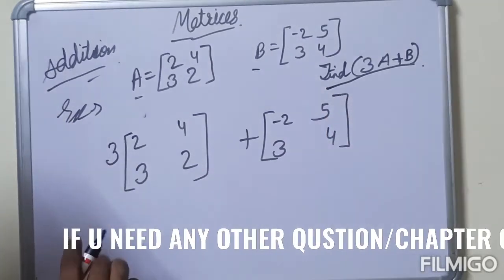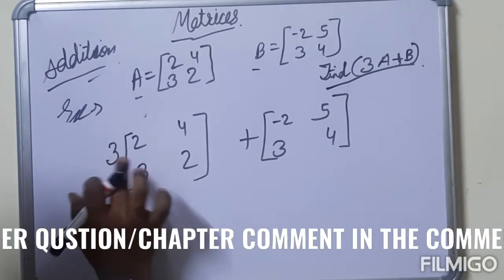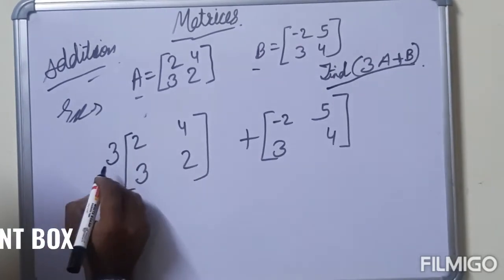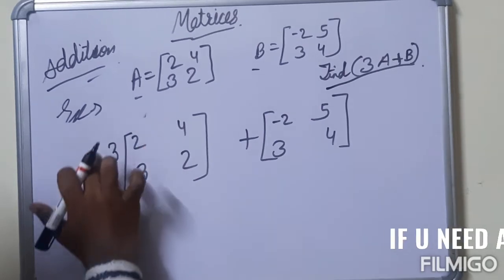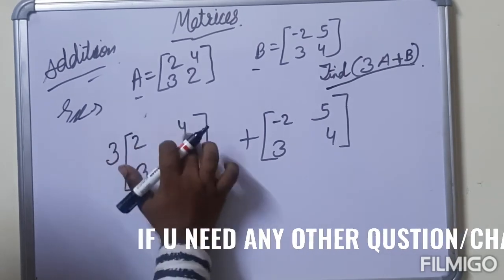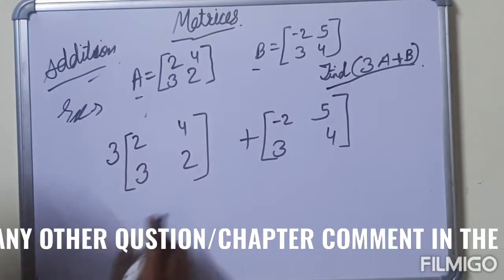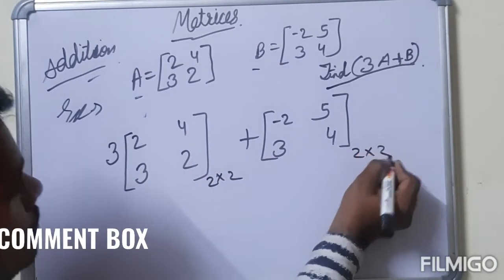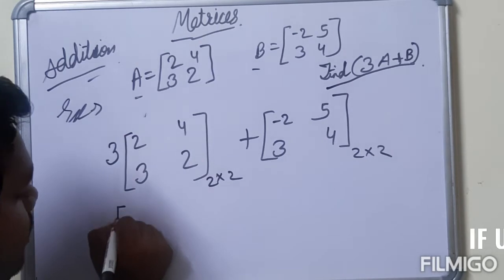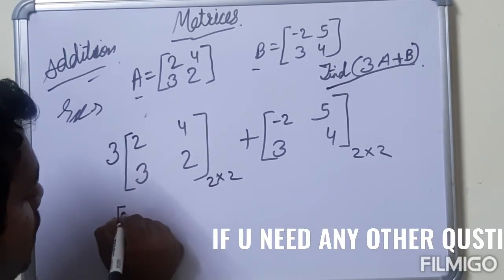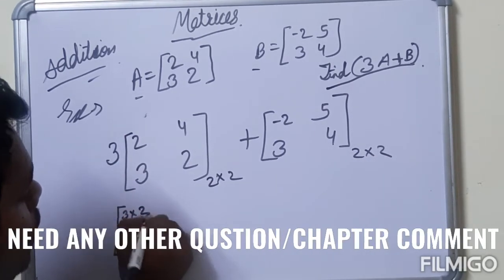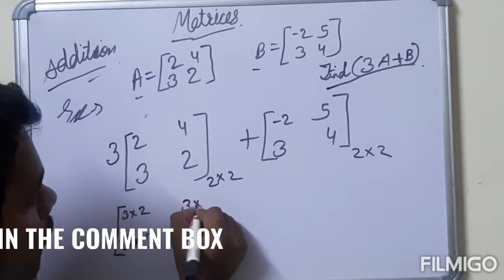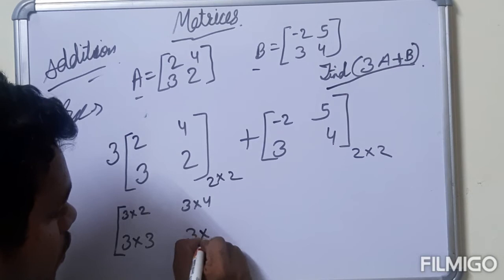In this, first we have to multiply the 3 into the matrix, then we can add. How to multiply? We have to multiply 3 with all the elements of the matrix. This is 2 by 2. So multiplying the matrix: 3 into 2, 3 into 3, 3 into 4, 3 into 2.